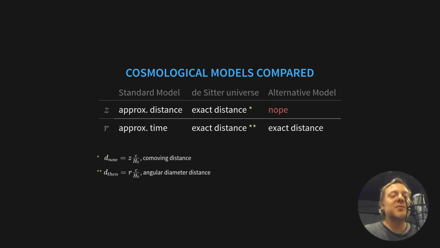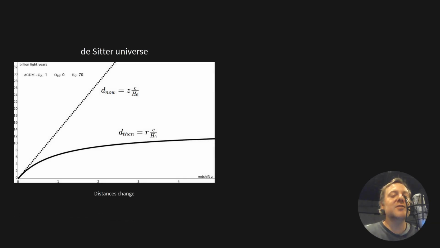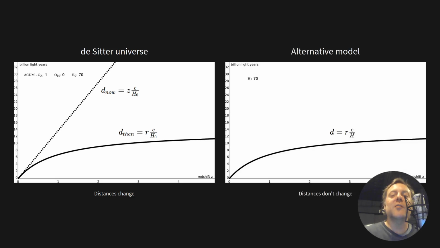Because space is expanding, there's a distance it expanded to and a distance it expanded from. And in de Sitter universe, that relates to z and r respectively. In the alternative model, there is no expansion in the universe, so there's just one distance, and that relates right to r.